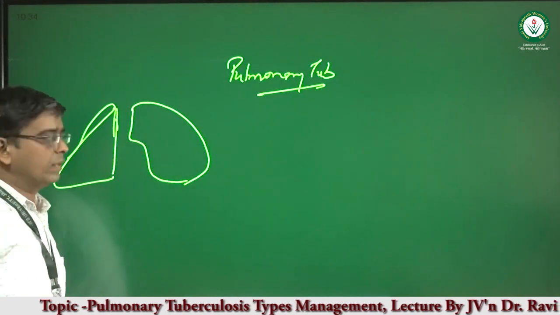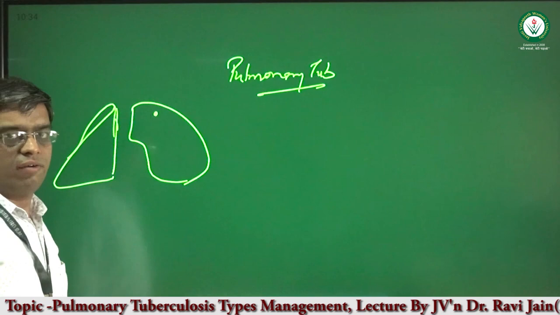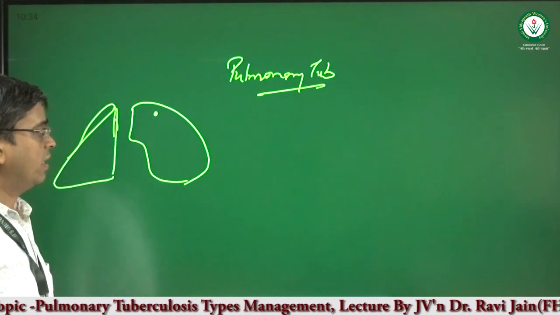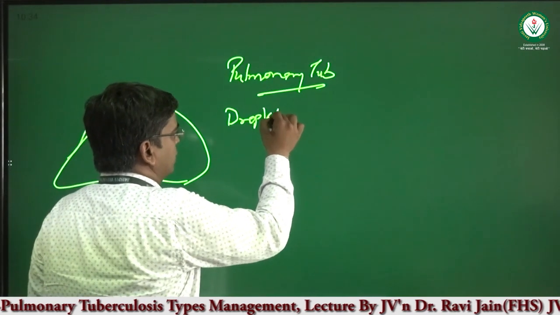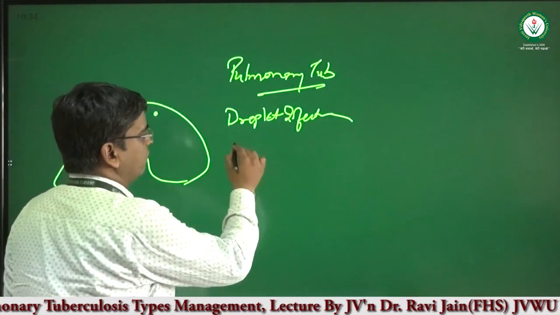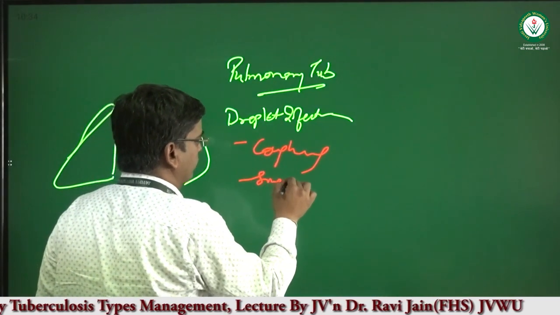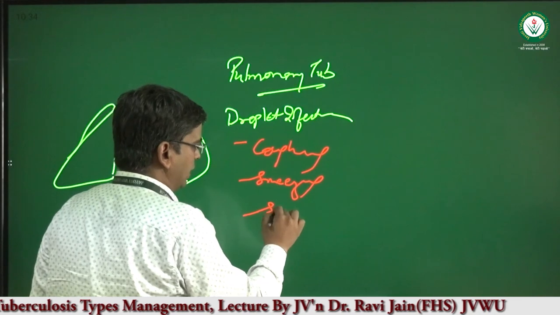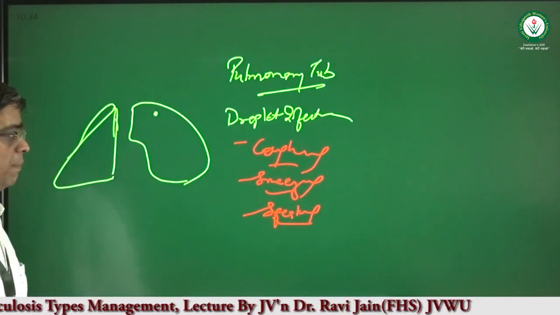The bacilli reach the alveoli of the lung by droplet infection, by coughing, by sneezing and by speaking from the infected person.